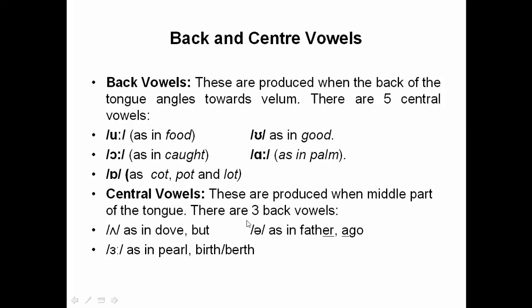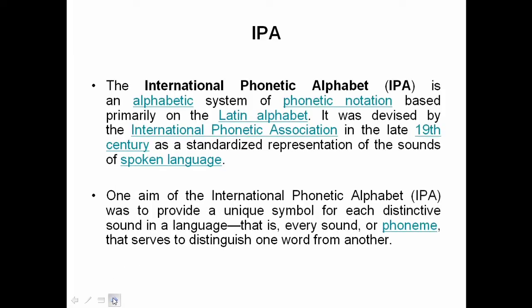Central vowels are 3 in number, and as the name indicates, the middle part of the tongue raises towards the roof of the mouth, just like in dove, mug or father. The underlined letters have the same sound, and in pearl and birth, just like this. These both are homophones.